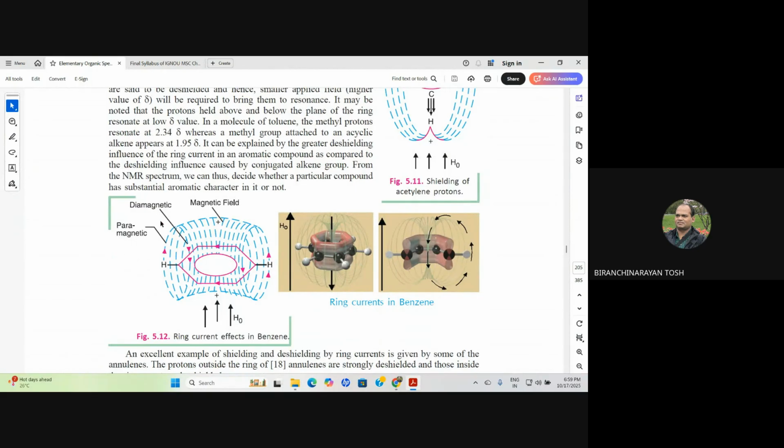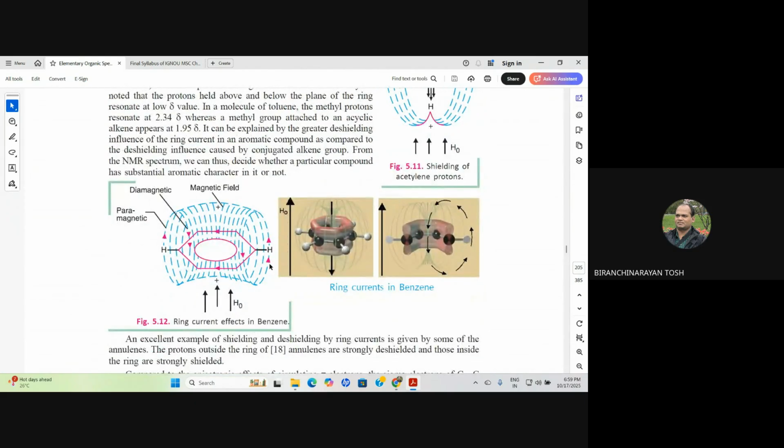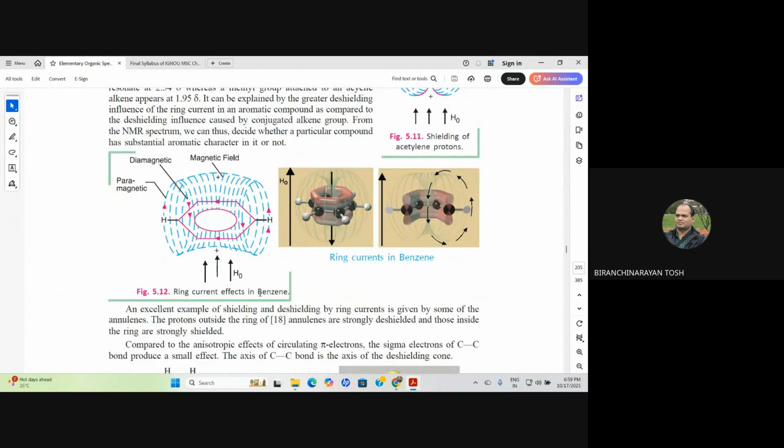So in this case, diamagnetic and paramagnetic effects will be there. So it will be ring current both. So an excellent example of shielding and deshielding by ring current is in annulenes. The protons outside the ring in annulenes are strongly deshielded, and those inside the ring are strongly shielded.